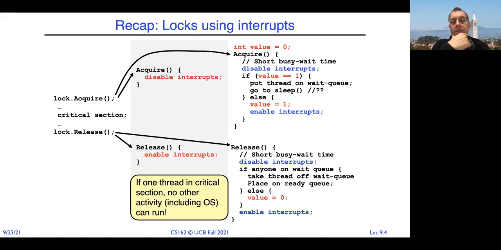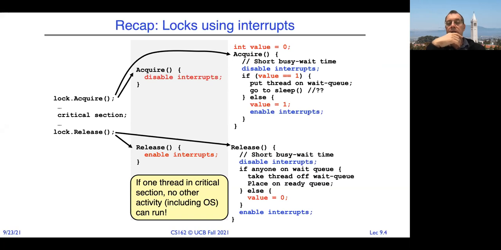If you remember, when we talked about locks, we did it in two stages. First, we gave a very trivial implementation. In acquire, you disable the interrupts, because you don't want new threads to interrupt you while you are in the critical section.